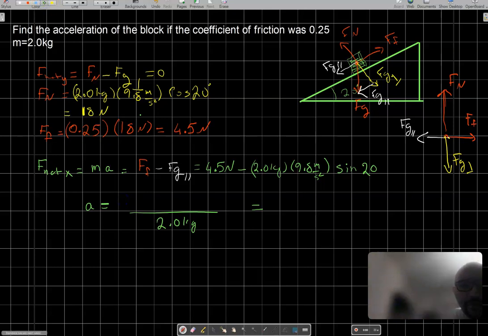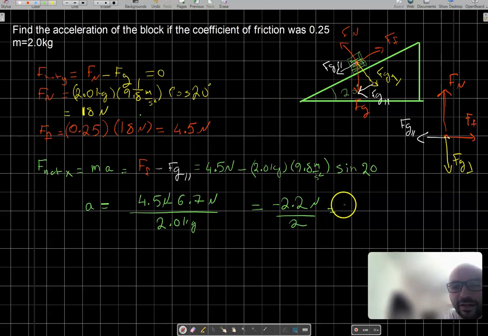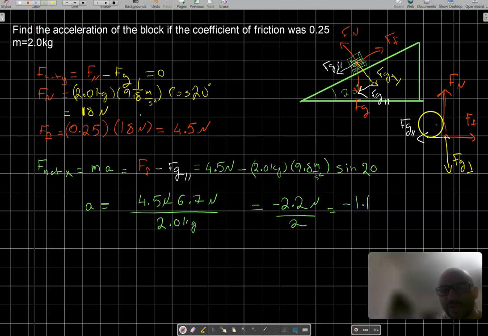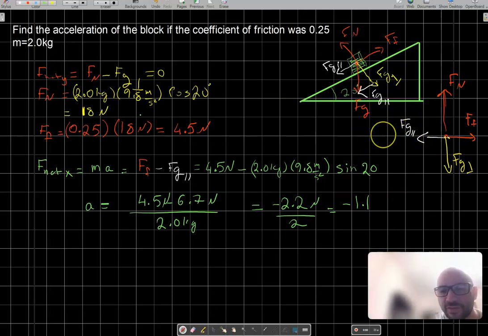We have 4.5 minus 6.7, and these are newtons, and we will end up with negative 2.2 newtons divided by 2.0 kilograms, or negative 1.1, meaning it's moving in this direction to the left, right?